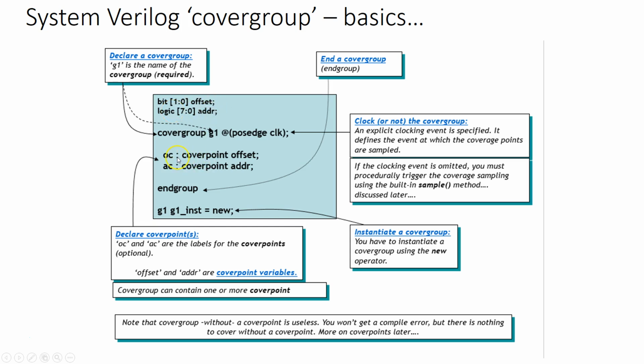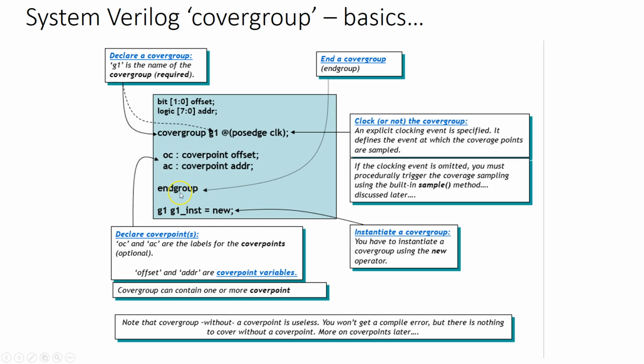You may or may not provide labels to these cover points. I very highly recommend that you provide meaningful labels. If you don't provide these labels, then the simulator will provide its own naming convention, which I can assure you will not make much sense to you. After you declare the cover points, you end the group with the keyword endgroup.